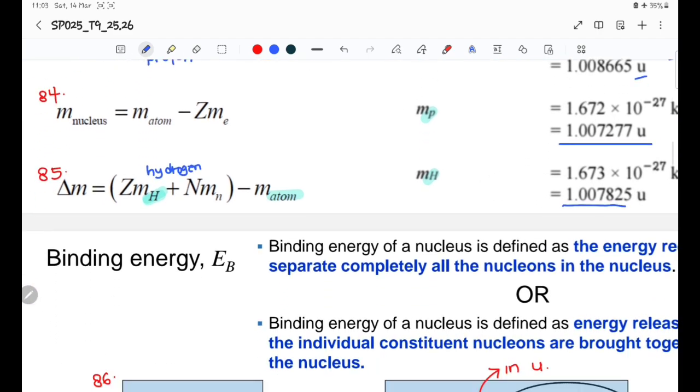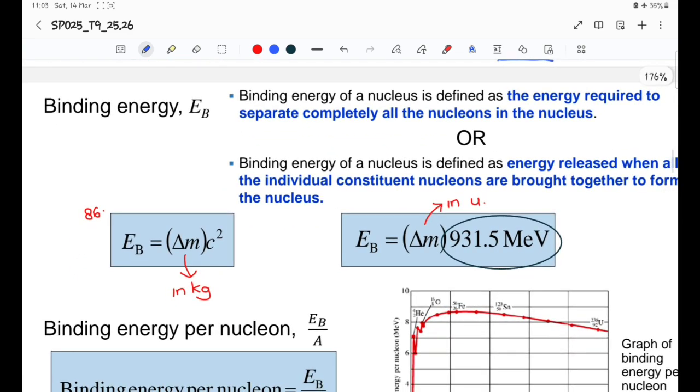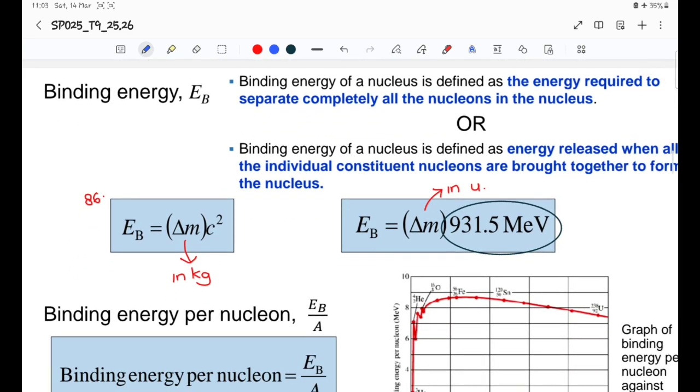Okay, aside from mass defect, the other quantity that is very relevant to the topic is binding energy. Okay, so binding energy is actually the energy required either to separate the nucleons completely, or to bound the nucleus together. Okay, so to calculate the binding energy, you have equation 86 whereby binding energy, denoted as EB, equals delta M C squared.